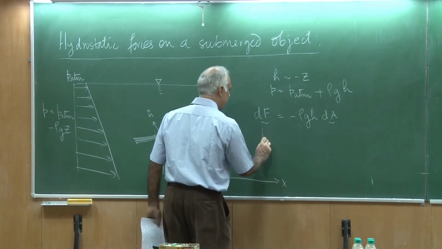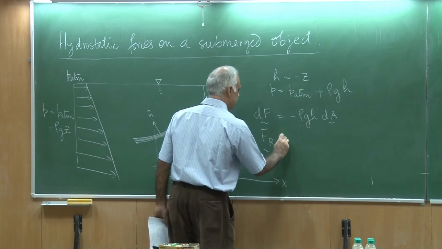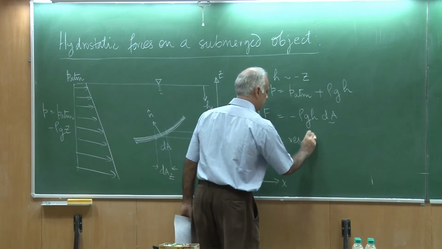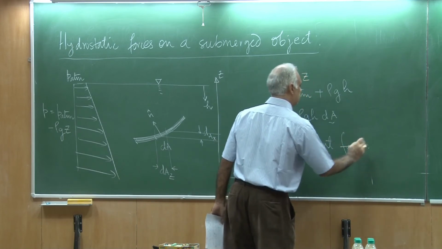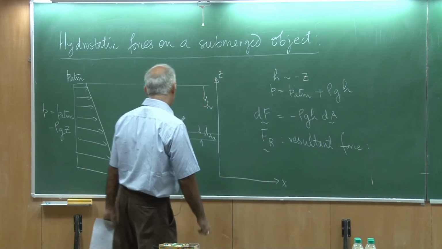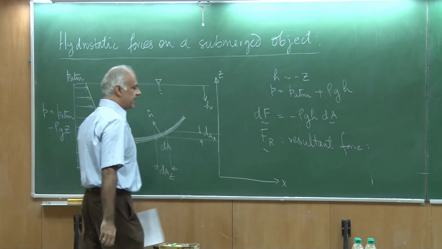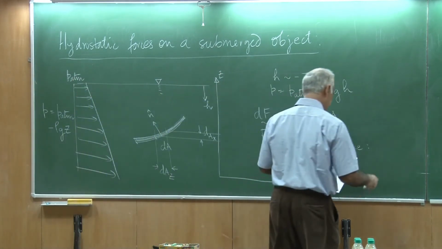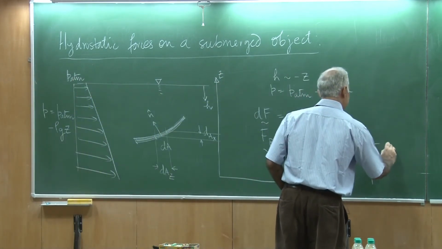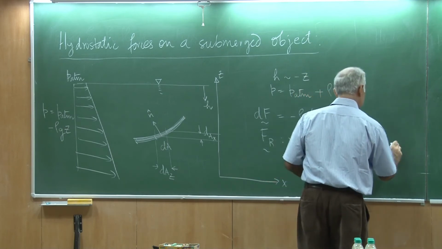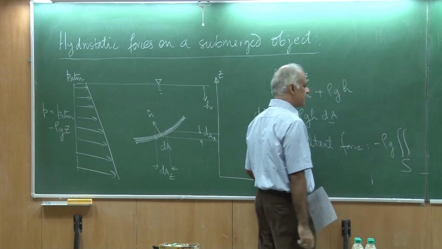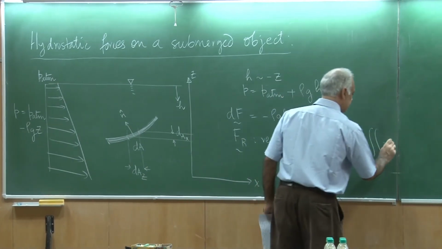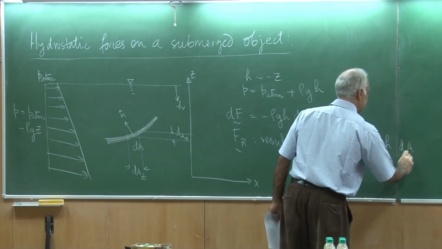So, if I want to calculate the resultant force, then I would have to integrate it over this entire area, and that would be minus rho g times the integral over the entire surface S of h dA.